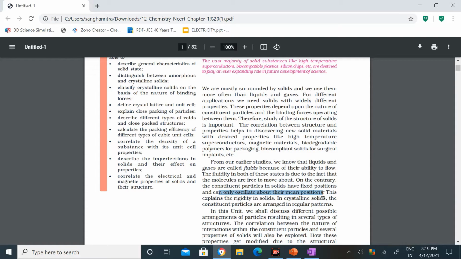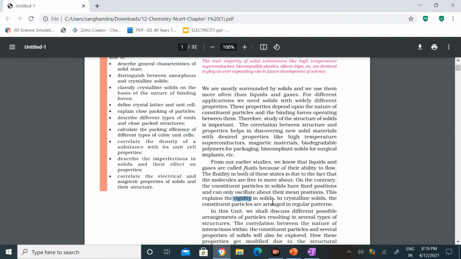If they can't move, they can't flow. Flow means moving from one position to another position. So solids have a property called rigidity. One more property: solid is incompressible because they are rigid, because the space between the atoms is very less. Solids have definite shape and volume, for the same reason.